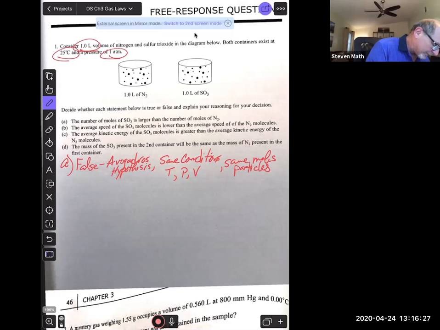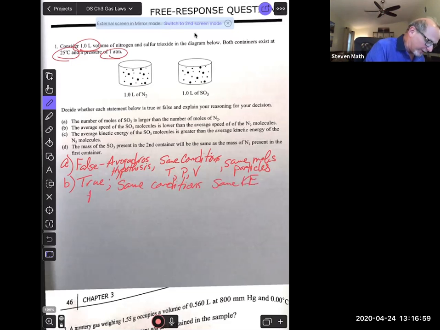How about B? The average speed of SO3 is lower than the average speed of N2. Now be careful with this one because I have a tendency every now and then to get speed and kinetic energy mixed up. That could be pretty deadly. This is actually very true. How come? Because my explanation would be same conditions, they're going to have the same kinetic energy.